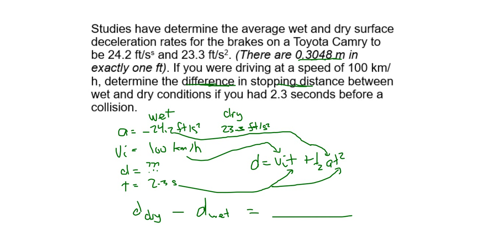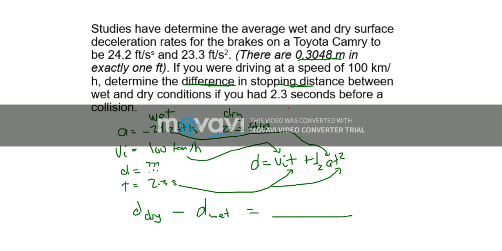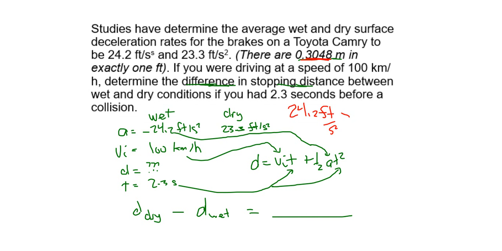So, first thought, convert feet per second to meters per second. So here's what I might do. I kind of need to go off to the side here. I'm going to take feet per second, and it says that there are 0.3048 meters in a foot. So I multiply it.